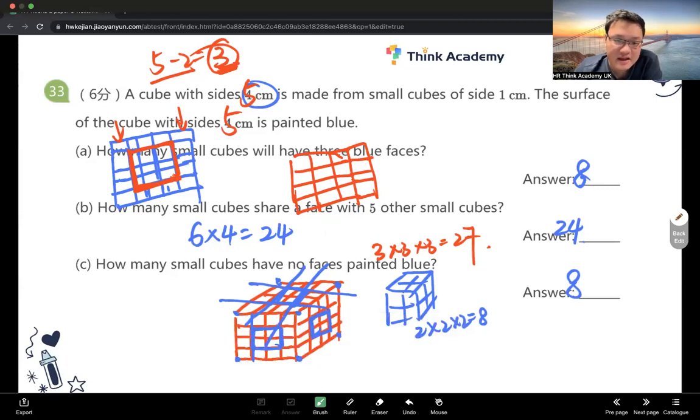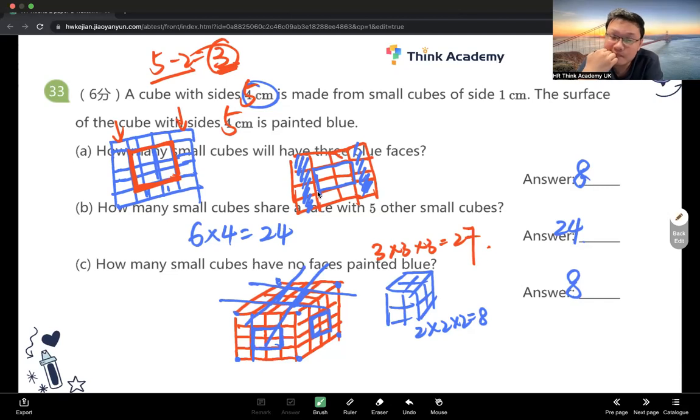And inside that cube, for this one and this one, if you go one step inside, that's going to be the surface as well. It's not the center one. It's also on the outside. So that's why you just count this 4 and you go one cube inside. That will be the cubes that are not painted.